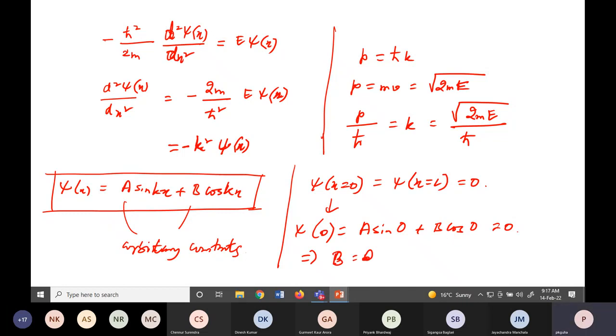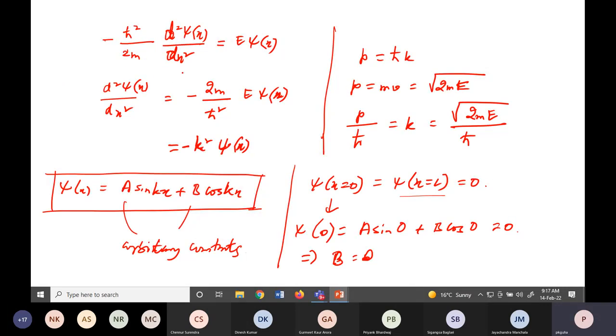If we use the second part, that means A sin kL equal to 0, right? Because we have already found out B equal to 0. So all that remains is A sin kx, because B equal to 0.